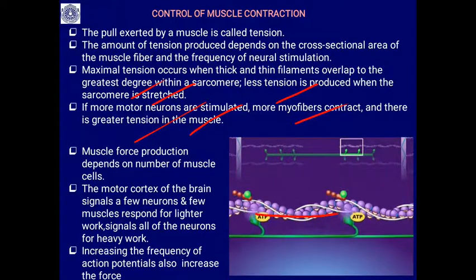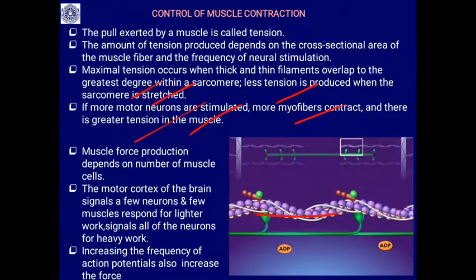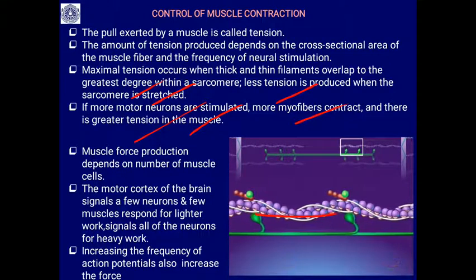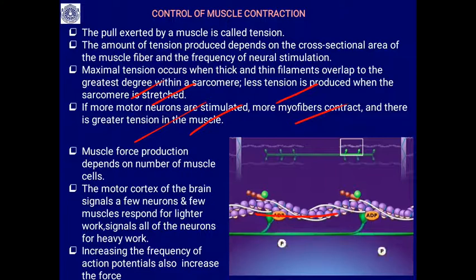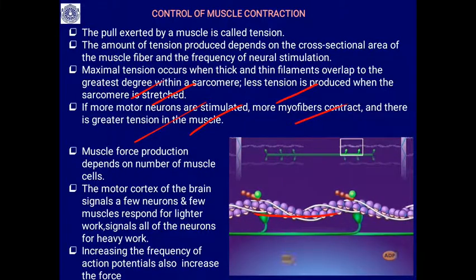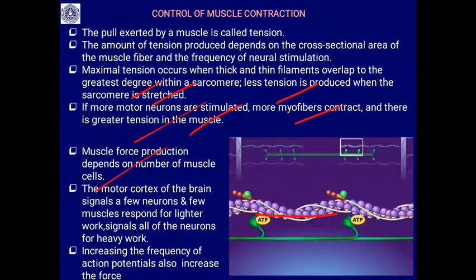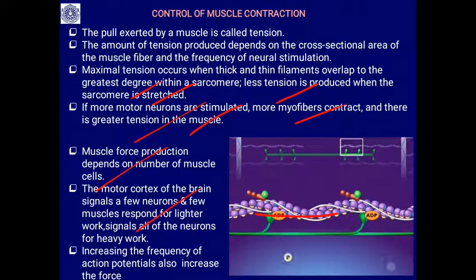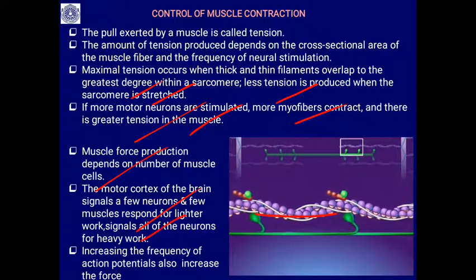In a muscle bundle there are so many muscle fibers. All these fibers receive the neurotransmitter, so more tension is created. So it is used for heavy work. The muscle force production depends on the number of muscle cells stimulated. When the motor cortex of the brain signals few neurons, few muscles respond, and it is lighter work.